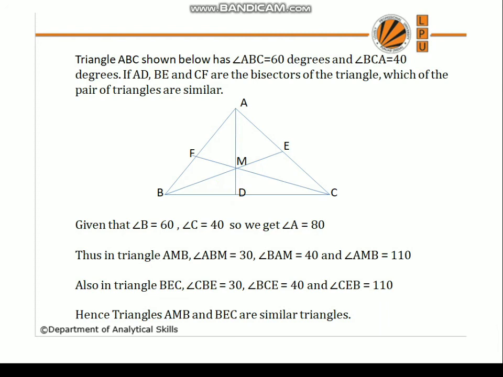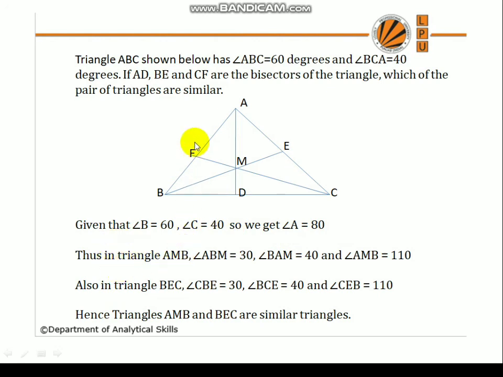To prove two triangles are similar, we can use the idea that all three angles are equal. If all three angles of two triangles are equal, then we can claim these two triangles are similar. Let me take the triangles AMB and BEC. The given question says angle B is 60 degrees and angle C is 40 degrees, so we get A equal to 80 degrees.